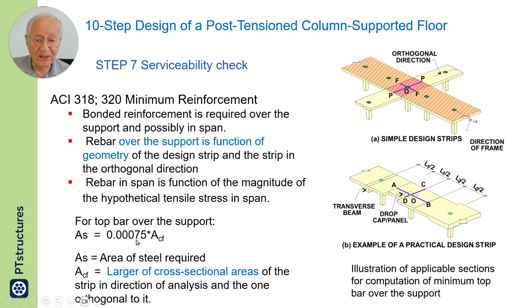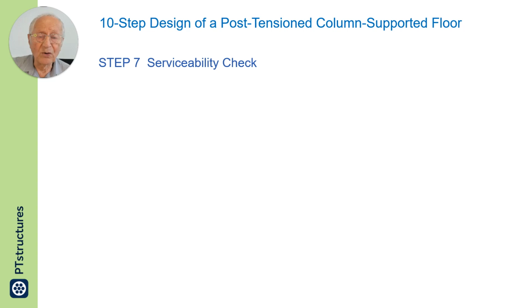You select the larger cross-sectional area of the two sides, and you provide the bonded reinforcement irrespective of whether you use unbonded or bonded tendons. ACI does not recognize the bond of the grouted tendons, bonded tendons, to provide the required bond for ductility.